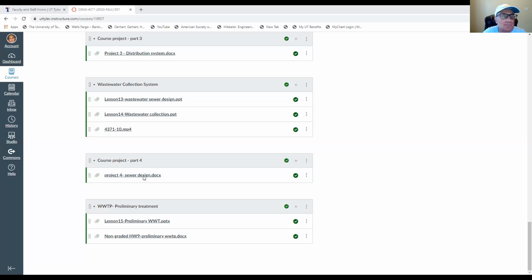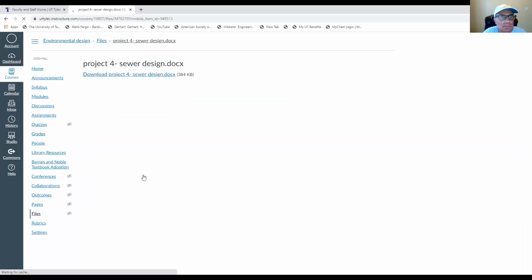So this is your sewer design. And let me see here. Just look at a few things.